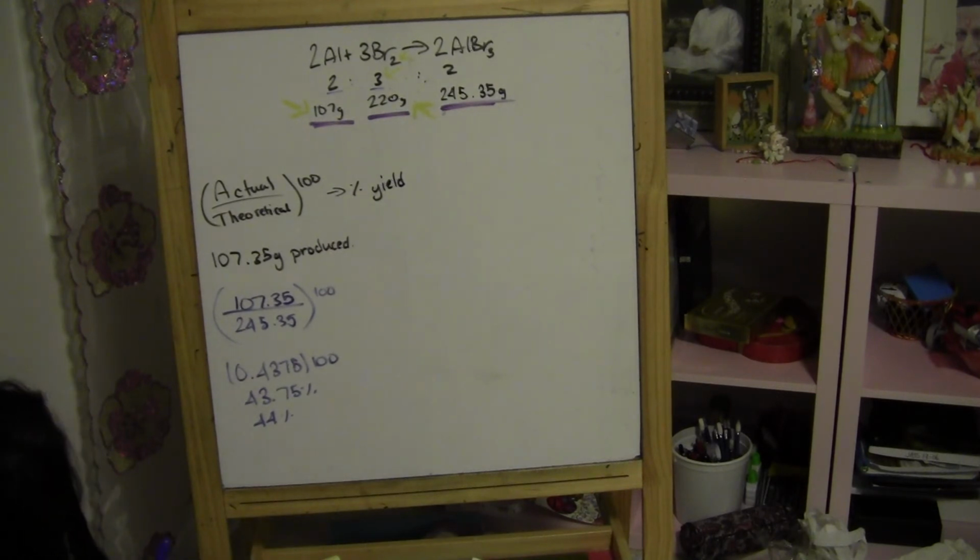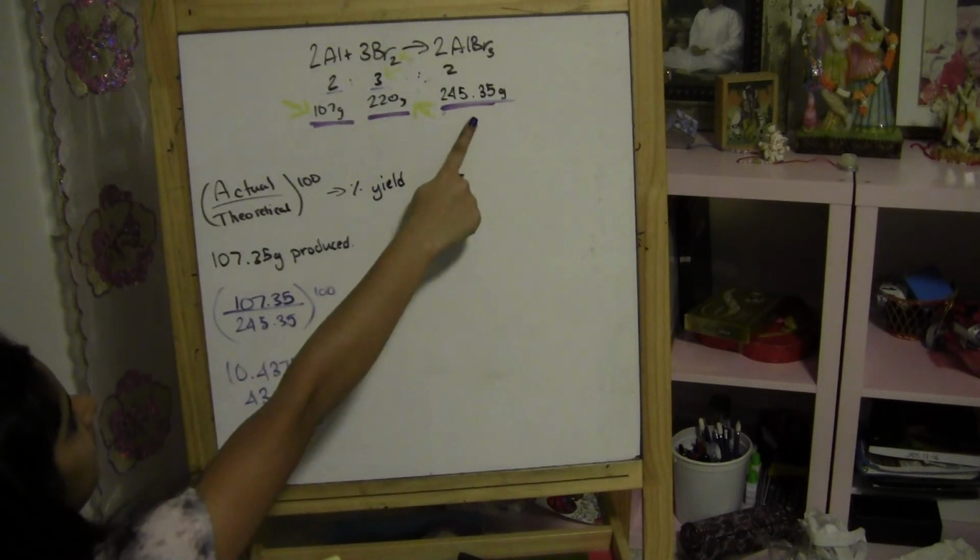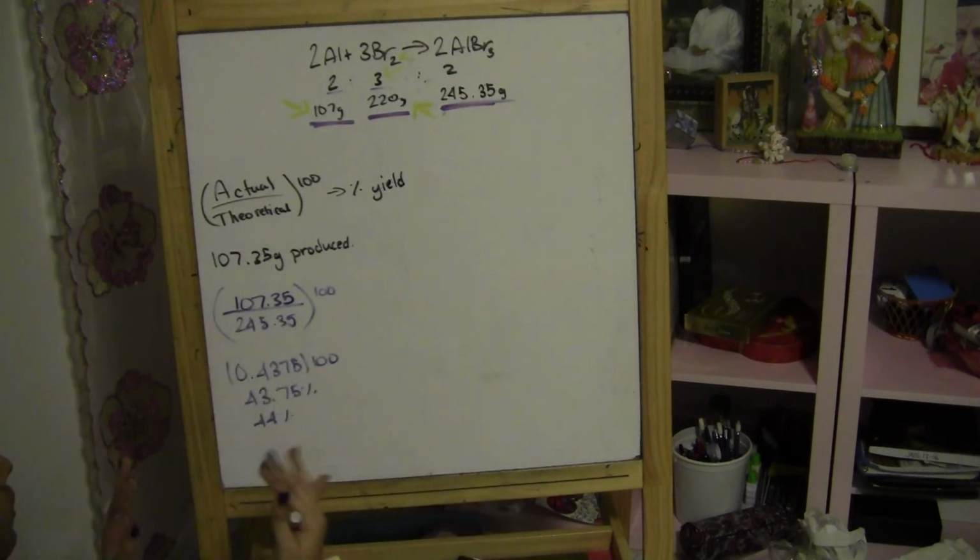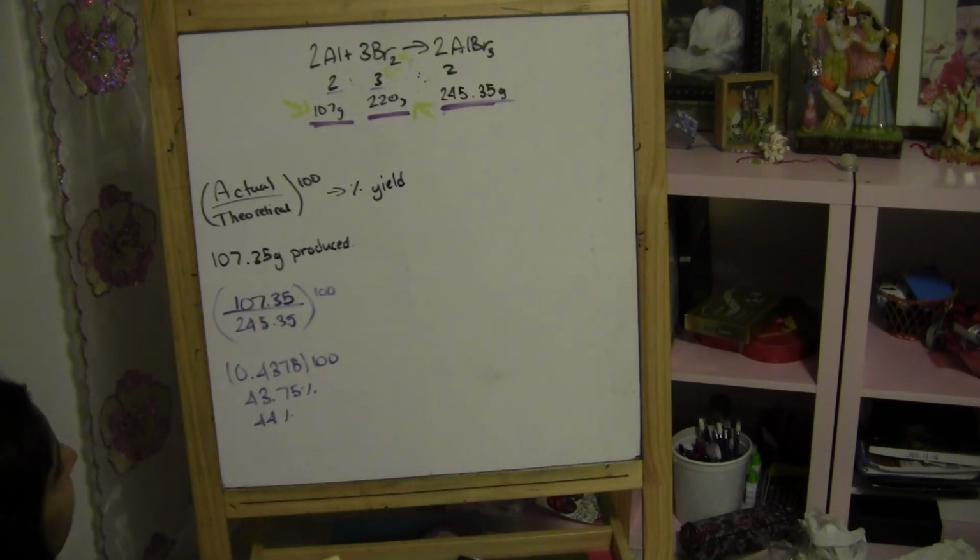What does that mean? That means that 44% of the actual product produced was real. The rest is impurities. Okay, so what we're calculating here is if everything was pure, that is how much you would get.